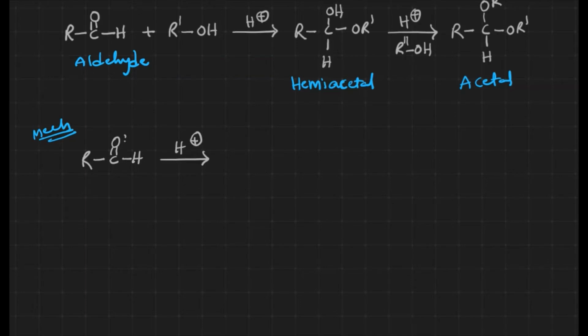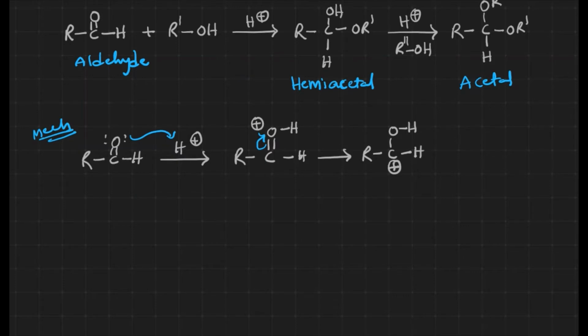H plus is attacked by a lone pair of oxygen, giving C double bond O H. Oxygen with 3 bonds is unstable, so these electrons move towards oxygen. Then the positive charge goes onto carbon, because electrons are moving away from the carbon. That's why carbon gets the positive charge.